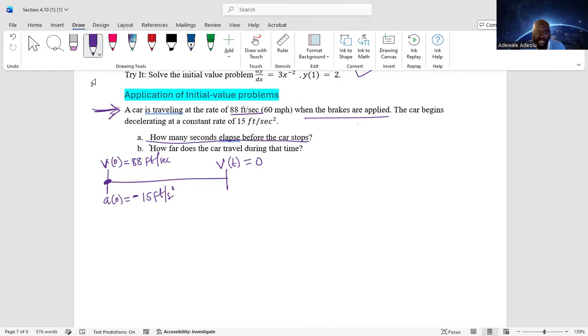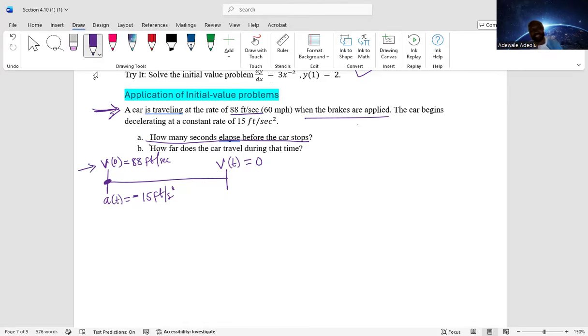Let us see if we can form some initial value problems here. Something I notice is that even though I put a of 0 here, I can conveniently just call it a of t because it is the same thing at all time. But I cannot do that with v because v is changing based on the acceleration I'm applying.